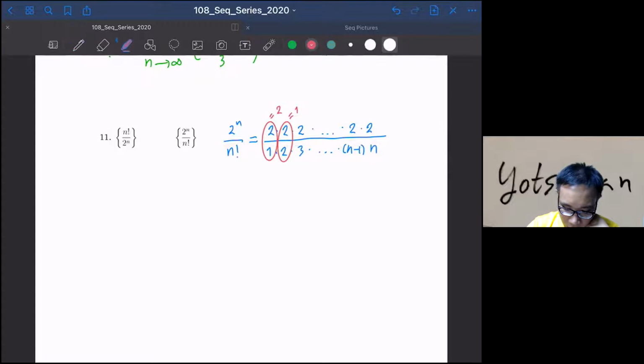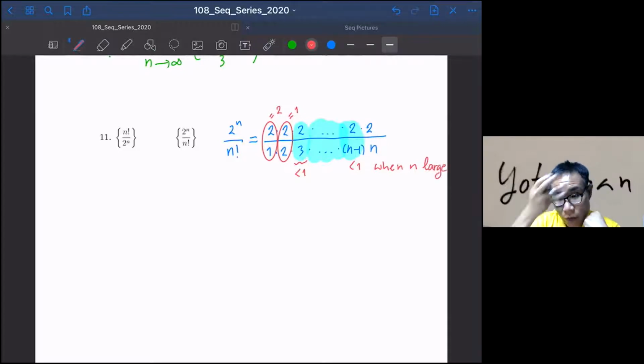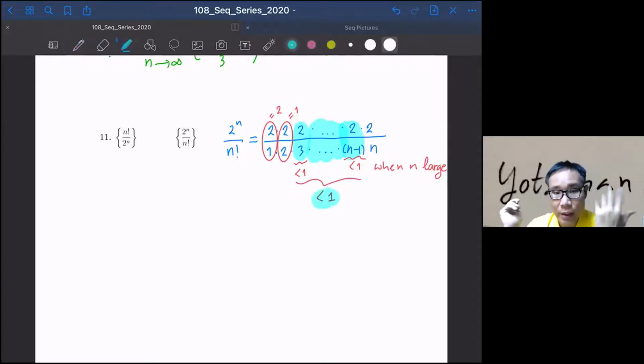And for the blue terms, 2 over 3 up to the term sitting in the middle, each is smaller than 1 when n is large. And you see that the whole thing will become smaller than 1. So that will be the blue part.